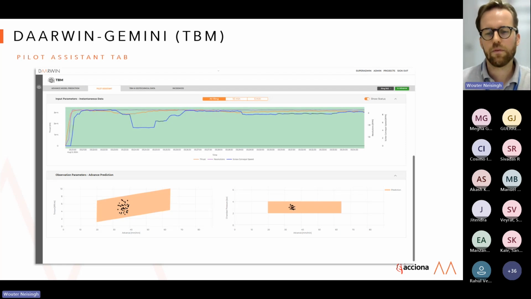The second graph on the right represents the chamber pressure versus the advance. And it checks if the values stay within the limits. The reason that one is a stable box or horizontal box is because those values are predefined with minimum and maximum values.